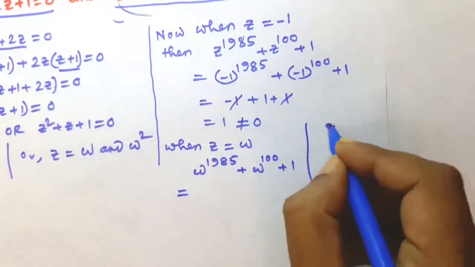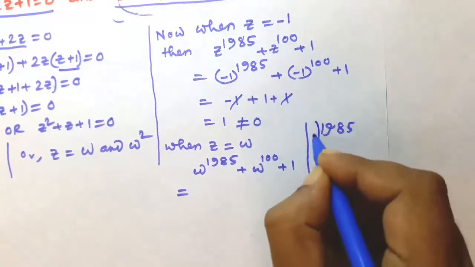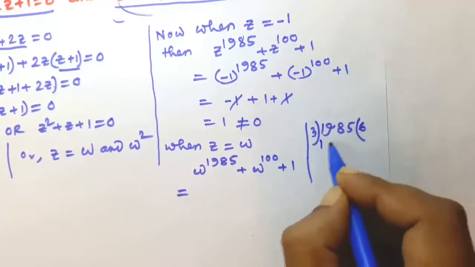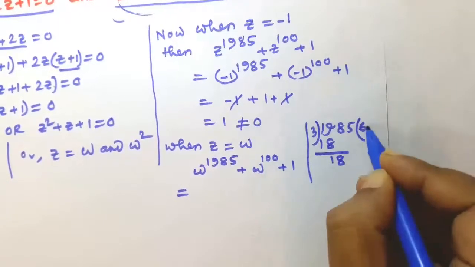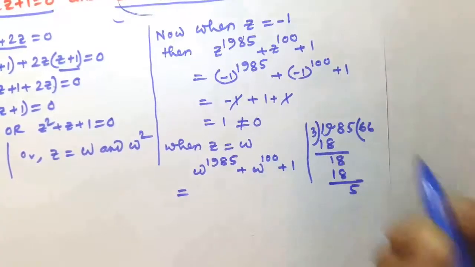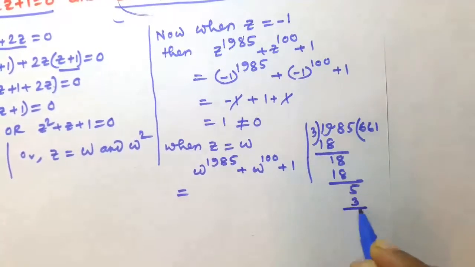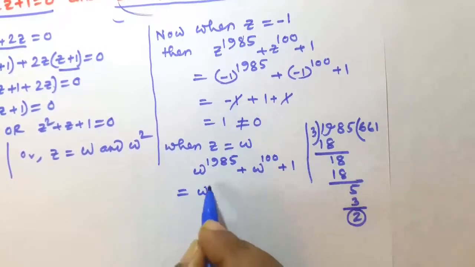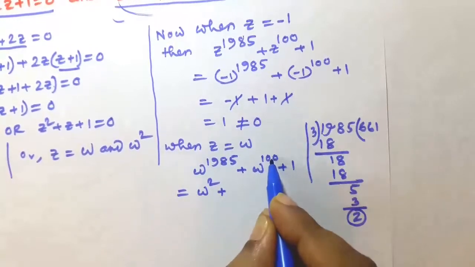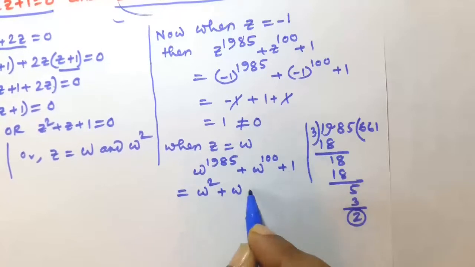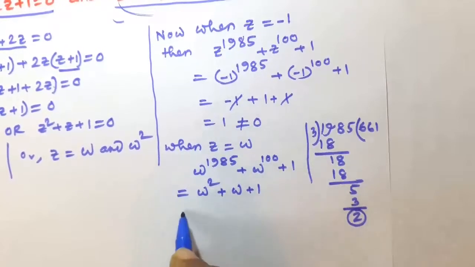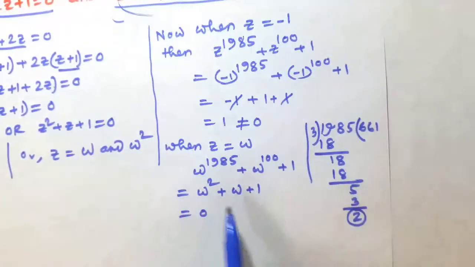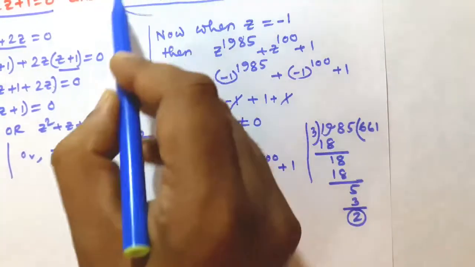You divide 1985 by 3. The remainder is 2. So omega to the power 1985 is equal to omega square, plus omega to the power 100 is equal to omega, plus 1. So 1 plus omega plus omega square is equal to 0, which is the RHS of the second equation. So omega is a root of this second equation.